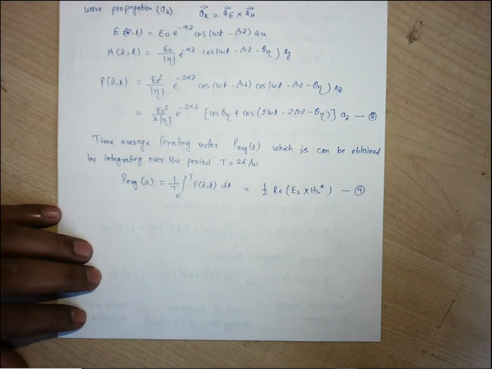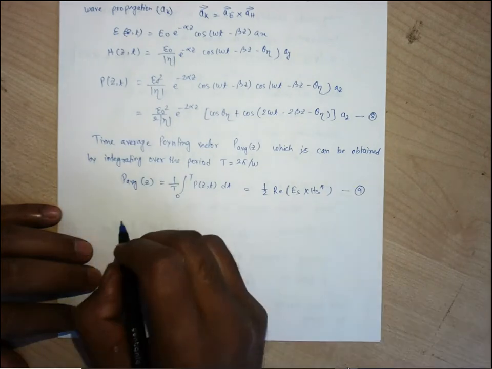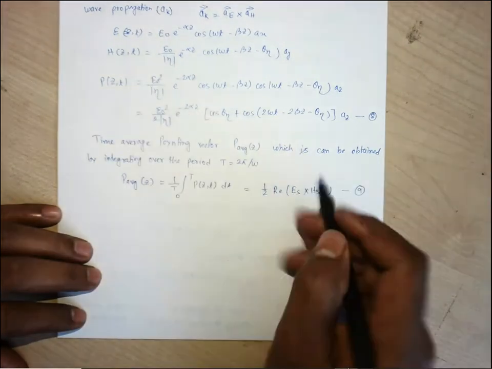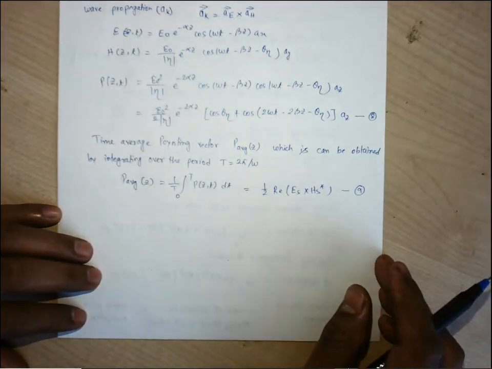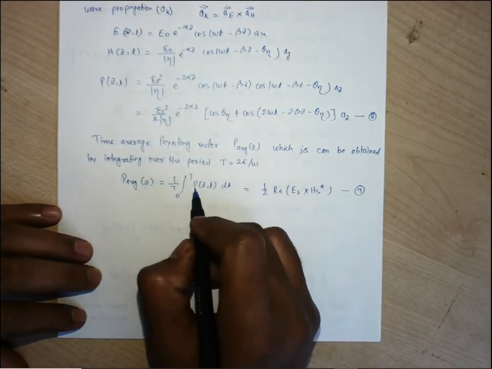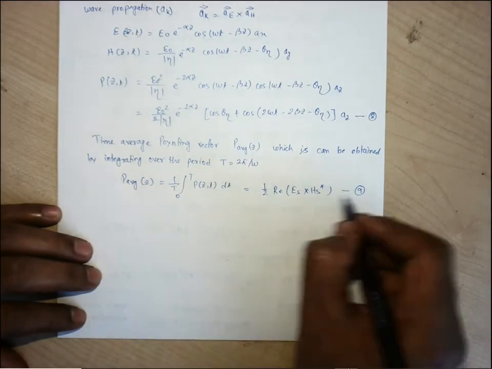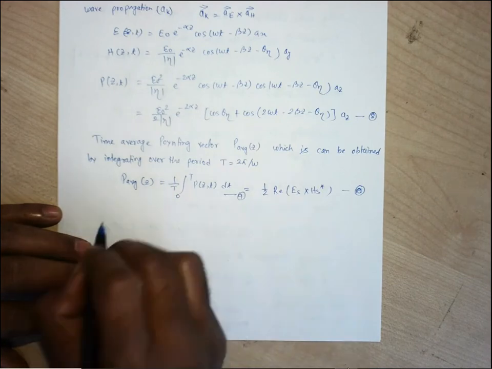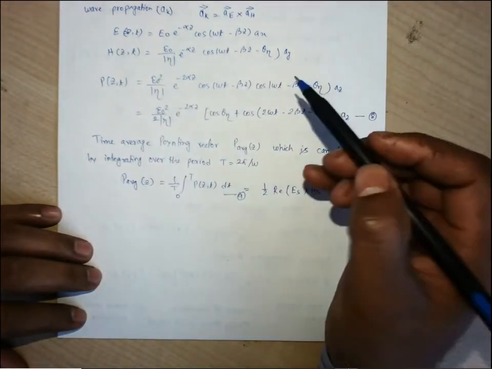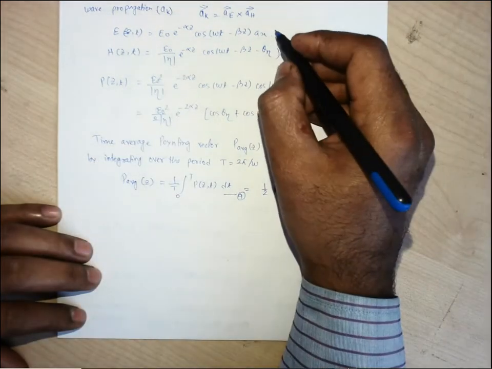If we use this E of z in this, let us give it another equation number, equation number 9.